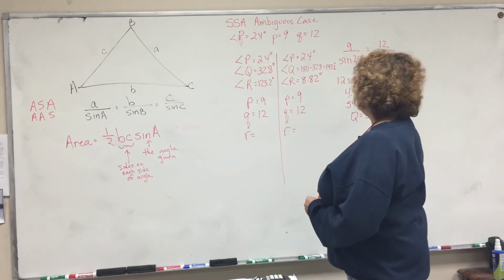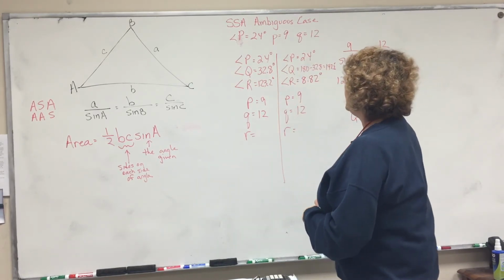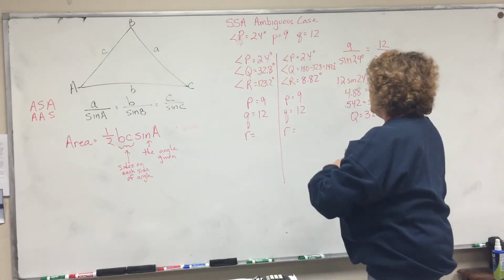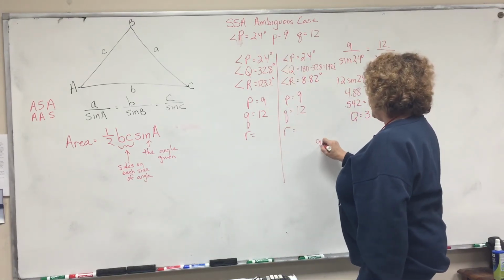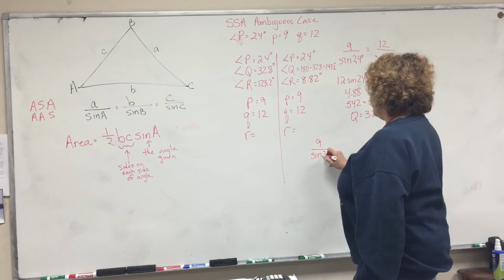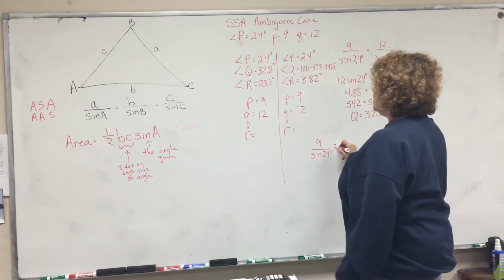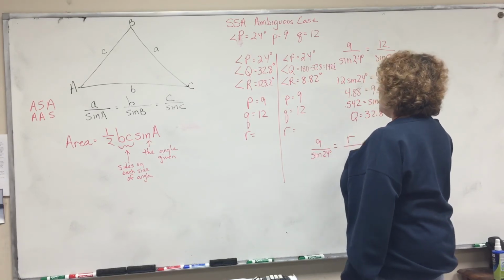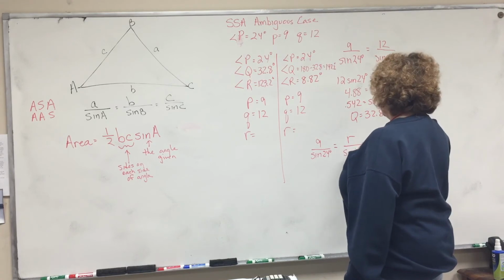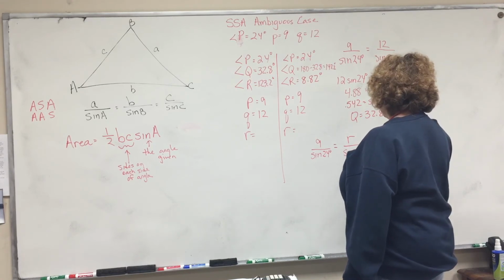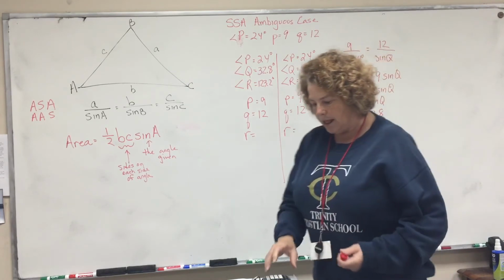So see, we've started filling everything in. All we need is R, so we just do law of sines again, using P and R this time. So we can say 9 over the sine of 24 equals R over the sine of 123.2. Cross multiply.